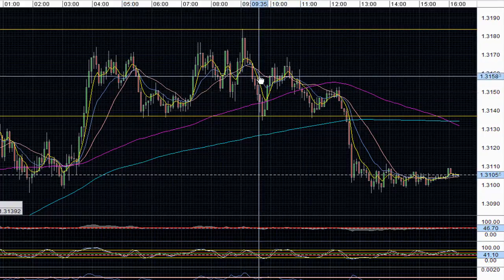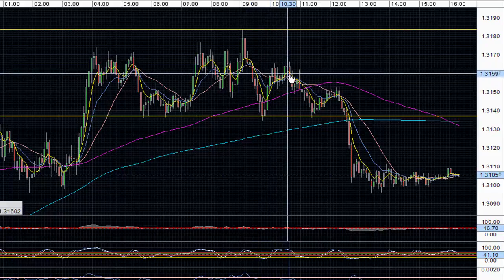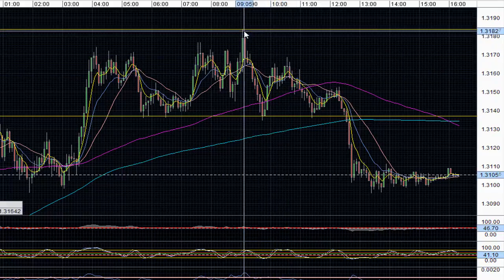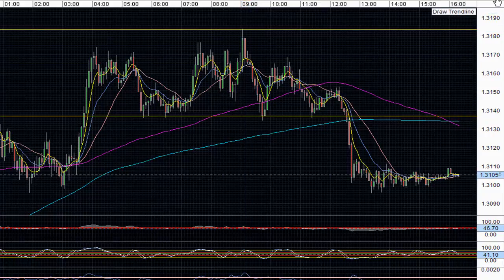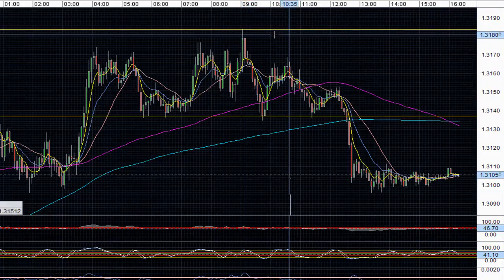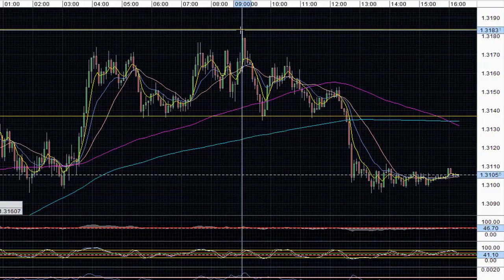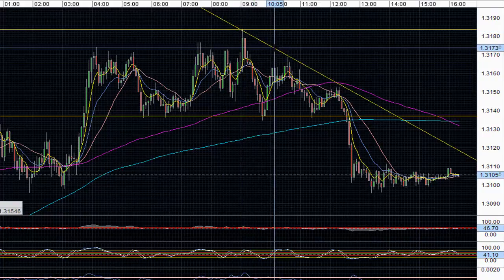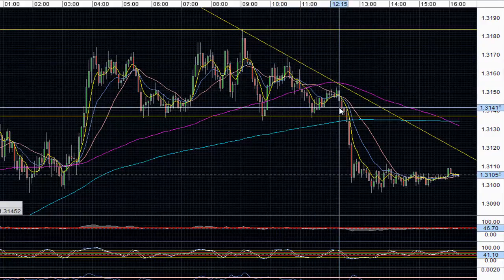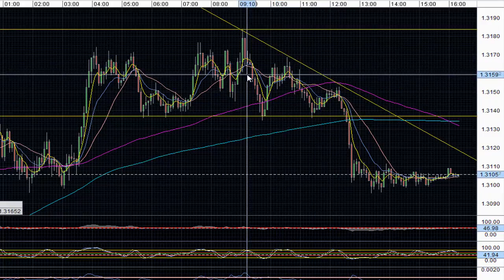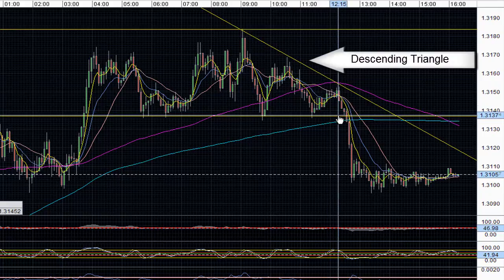But something interesting happened, because once it hit this resistance at 31.84, you can see that there were lower highs forming on our chart. Let me draw these lower highs in right here, which proves that the sentiment was changing for our pair. So then you can see this descending triangle forming.